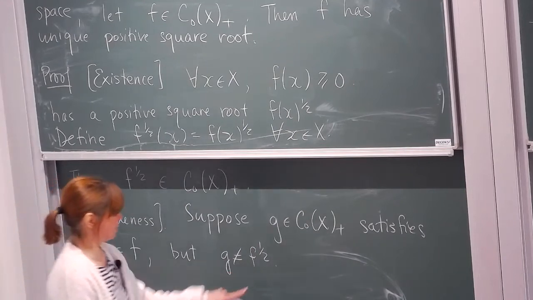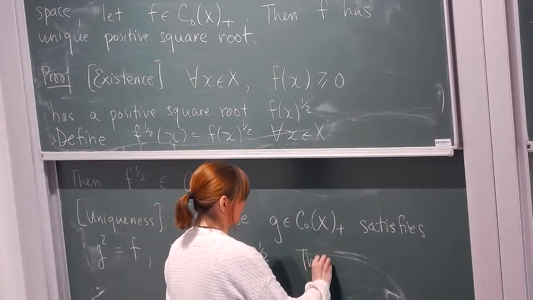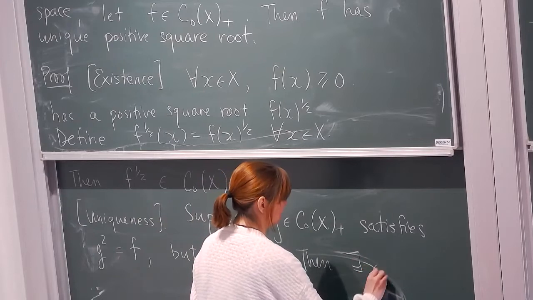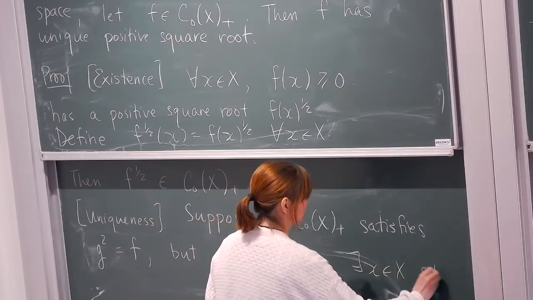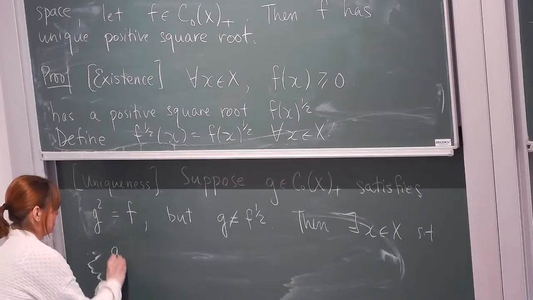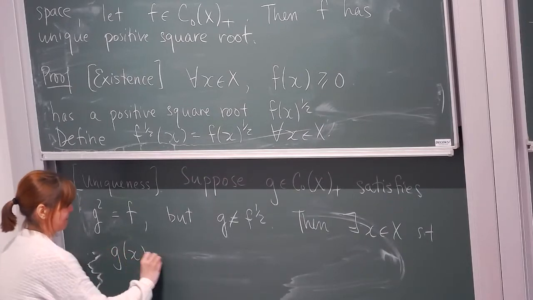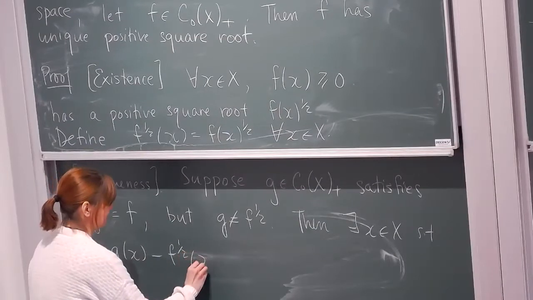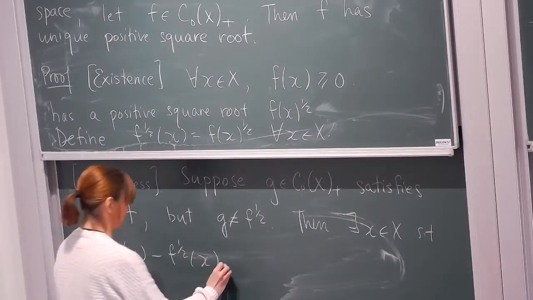Okay, if this is true, then there exists some x such that these two functions take a different value, so such that g of x minus f half of x is non-zero.